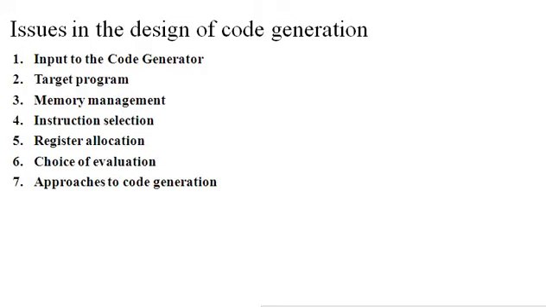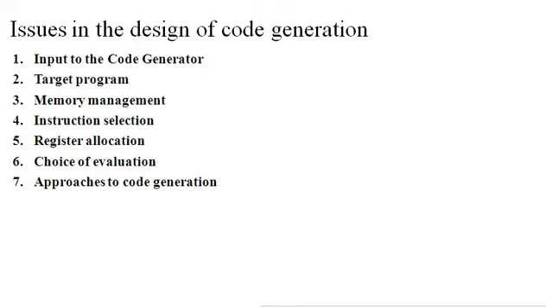Second is target program. The output of the code generator is the target program. The output may take on a variety of forms: absolute machine language, relocatable machine language, or assembly language. Producing an absolute machine language program as output has the advantage that it can be placed in a fixed location in memory and immediately executed.